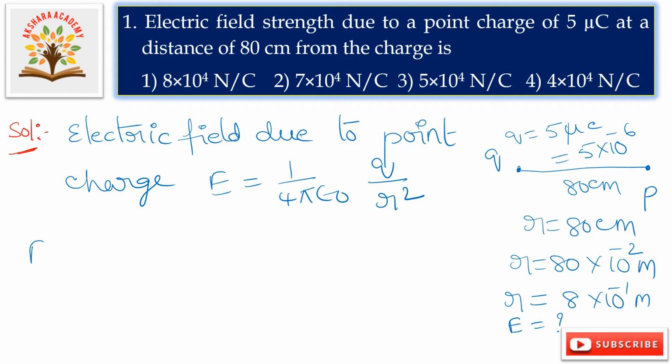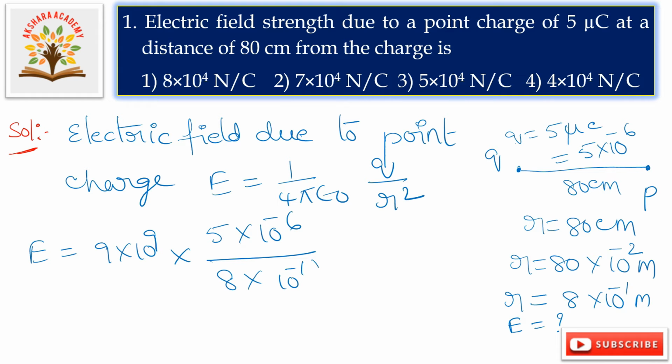E is equals to 1 by 4 pi epsilon naught, nothing but 9 into 10 to the power of 9, into Q, they given as 5 into 10 to the power of minus 6, by R square. R is nothing but 8 into 10 to the power of minus 1 whole square.